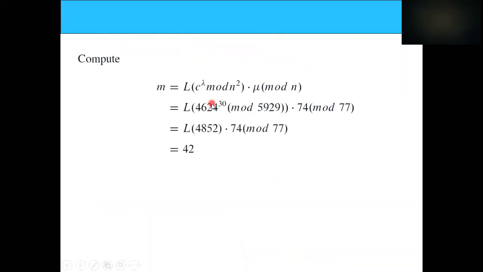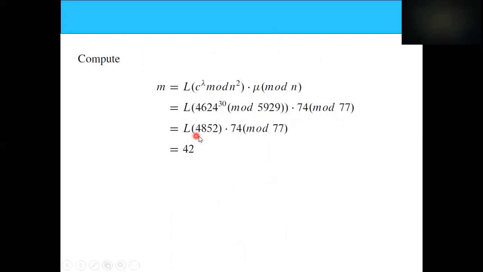So, dear student, this is the expression for plain text: c, L of c to the power lambda mod n square into mu mod n. So L of 4627 to the power 30 mod n square 5929, 74 mod 77.